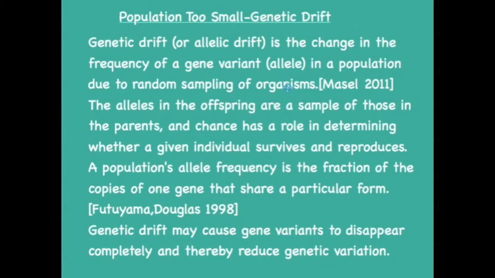Put simply, when a population is small, some of the genes can just kind of drift out of the population because the individuals that carry those genes simply do not reproduce. And when the population is small, there's a greater and greater chance of this kind of genetic drift happening.